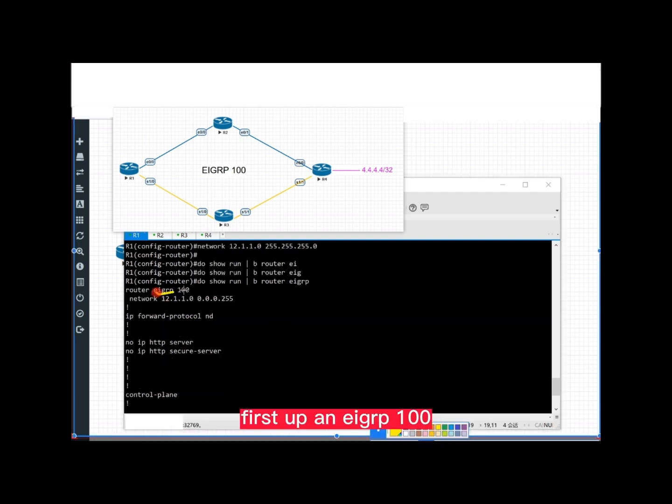First there is EIGRP 100, and I declared a network segment of 12.1.1.0. Everyone can see 0.0.0.255 written behind it. But the network I just entered seemed to be 12.1.1.0 255.255.255.0. Why did it become like this? Isn't this a bit strange?